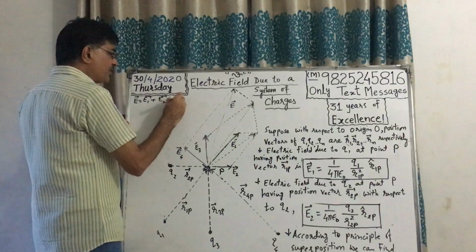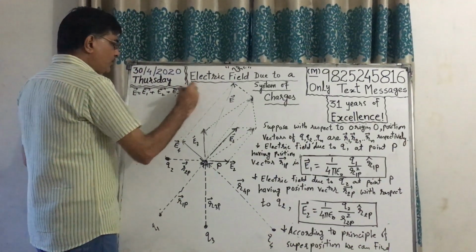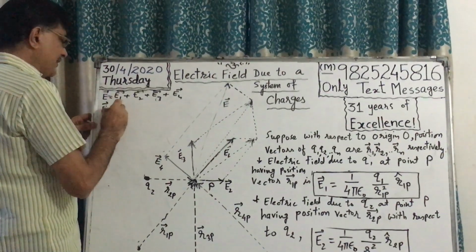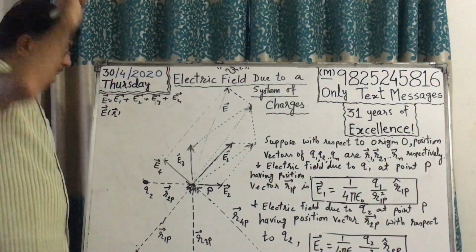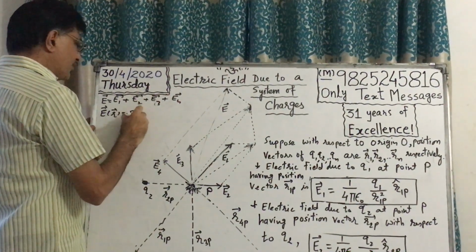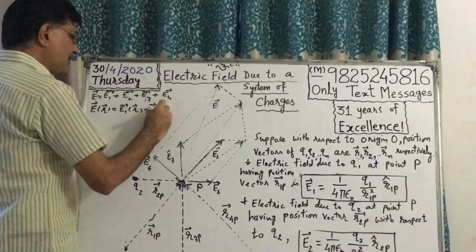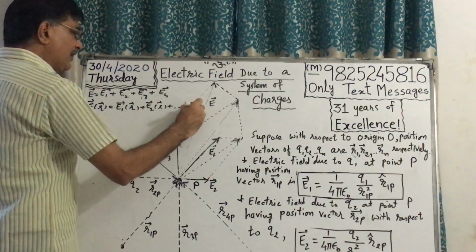But in general, if there are so many charges, what to do? E at R, where R is the position vector of P with respect to the origin, equals E1R plus E2R plus so on up to EnR.